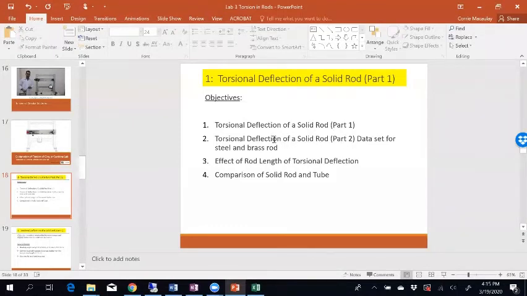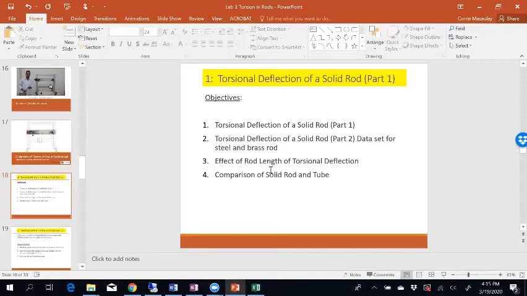Part 2 is torsional deflection of a solid rod, but now we're looking at a comparison of 2 different types of material, steel and brass. So this really is all the first experiment, 1 and 2. The third looks at effective rod length. This is your second experiment, basically changing the rod length and looking at torsional deflection.